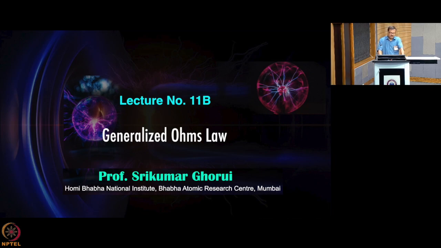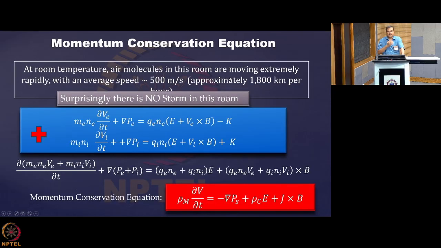We started with our kinetic theory model, and then took the moments of various orders of the Boltzmann kinetic equation, and we obtained the conservation equations for mass and current density, and in our previous class we obtained the conservation equation for momentum.